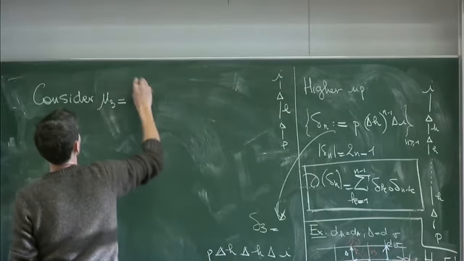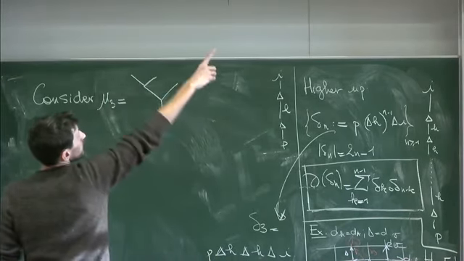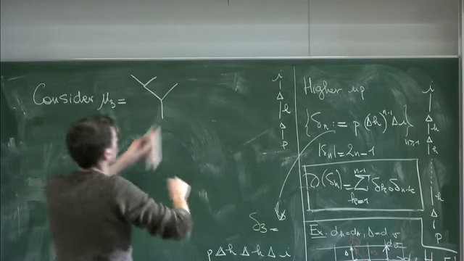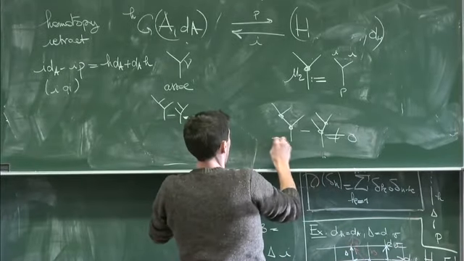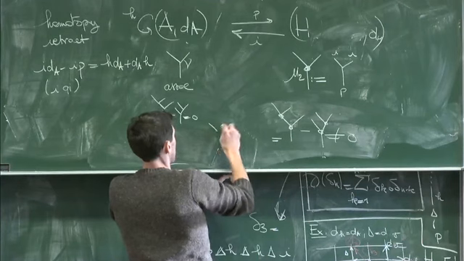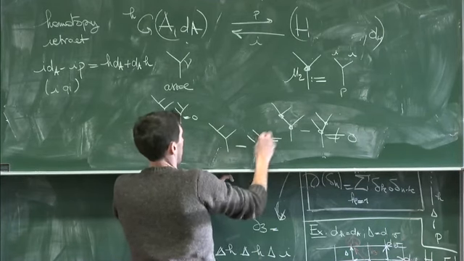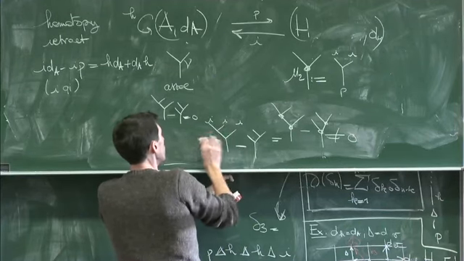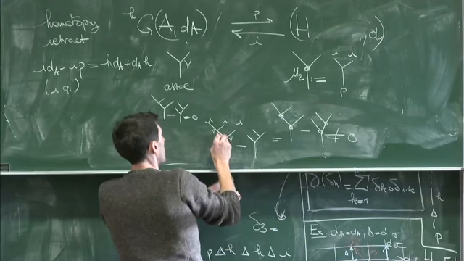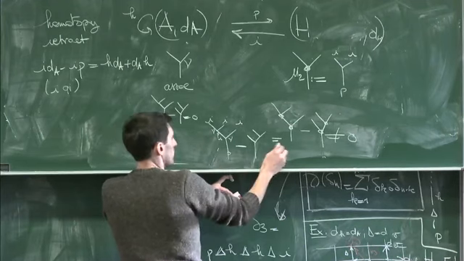you can consider mu3 to be, this is not associative, and if I write all these trees with all the labelings, this is I, this is nu, P, I, P, same here.